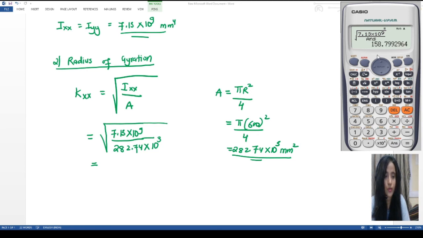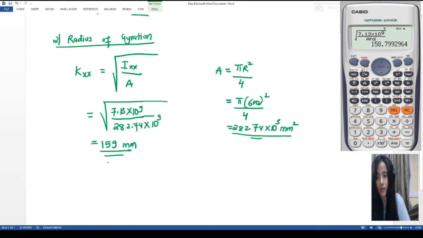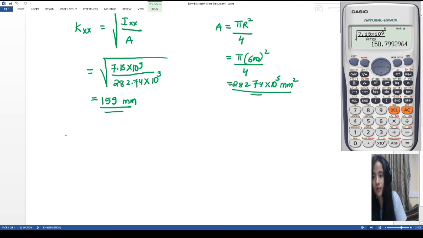So it is coming equal to 158.79. So let's make it 159 mm. Similarly, my kyy will also be equal to kxx, equal to 159 mm.